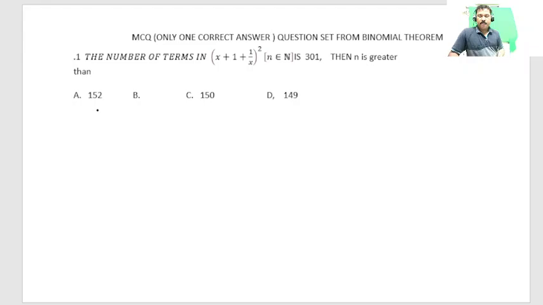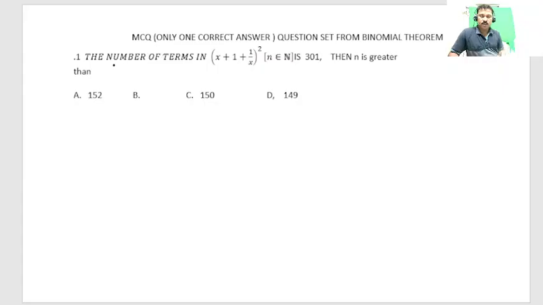Here are some problems for all of you. The first problem: the number of terms in (x + 1 + 1/x)^n is 301.